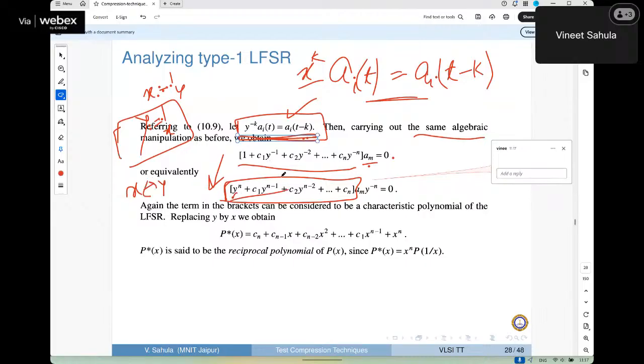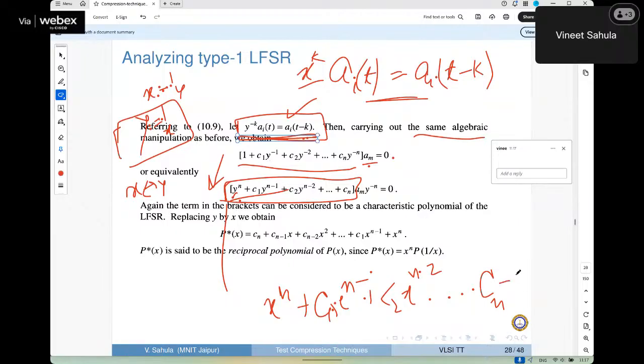So this will be equal to this one: x^n plus c1 x^(n-1) plus c2 x^(n-2) up to cn x^0. My earlier polynomial was 1 plus c1 x plus c2 x squared up to cn x^n, which is Px.